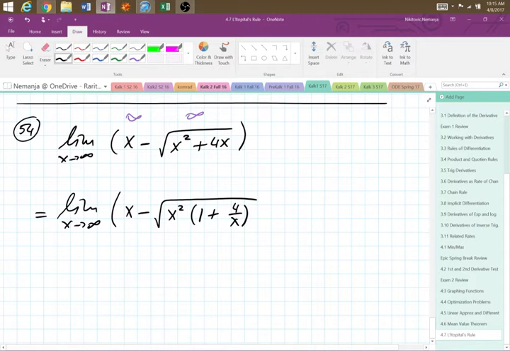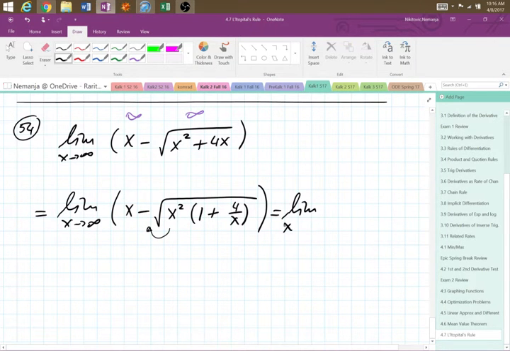Now, if you don't believe that, just multiply back. X squared times 1 is x squared, and x squared times this, x and x will cancel, you get 4x, right? So that's a little algebra trick that you need.